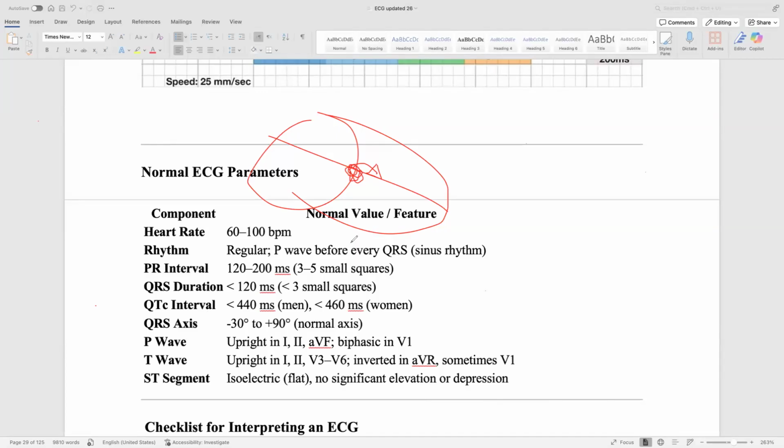What else? Lown-Ganong-Levine syndrome: there is an accessory pathway, same as WPW syndrome. And if the atria have a focus generating the electricity, they call this low atrial rhythm.